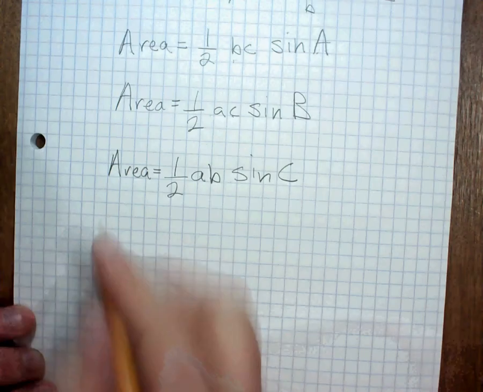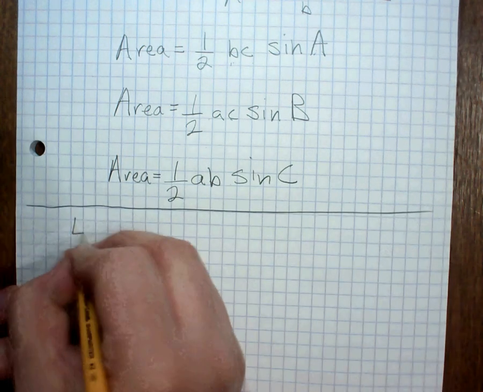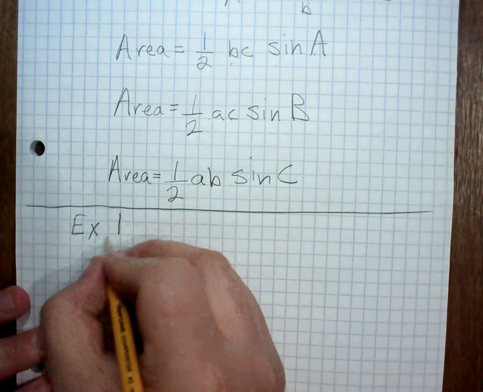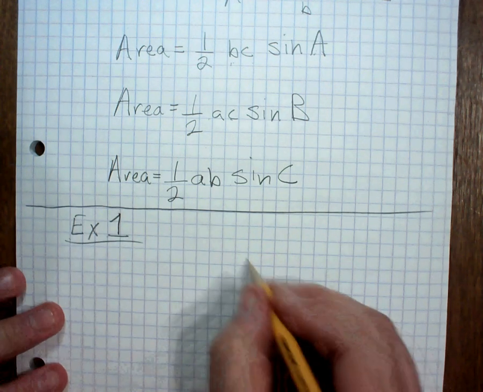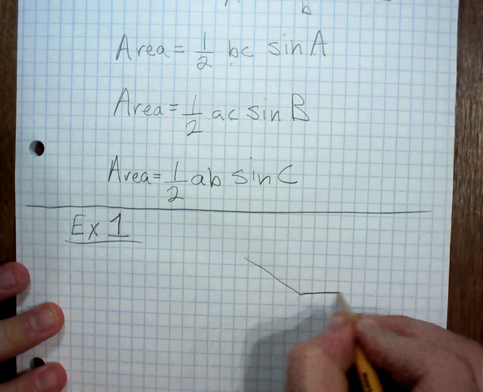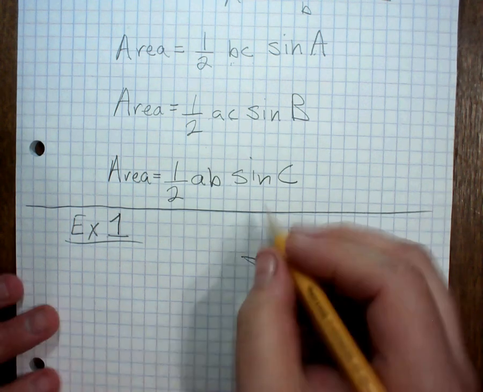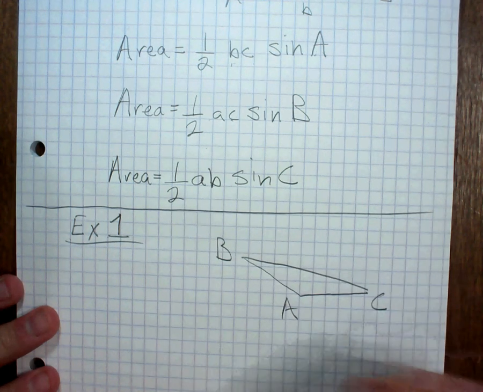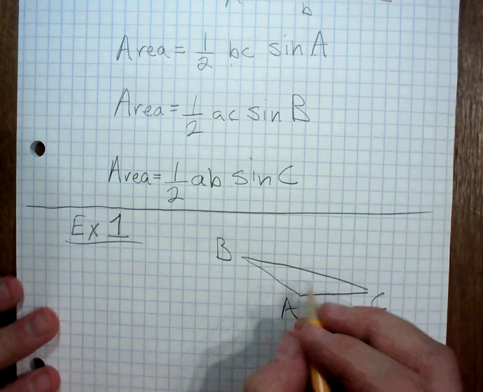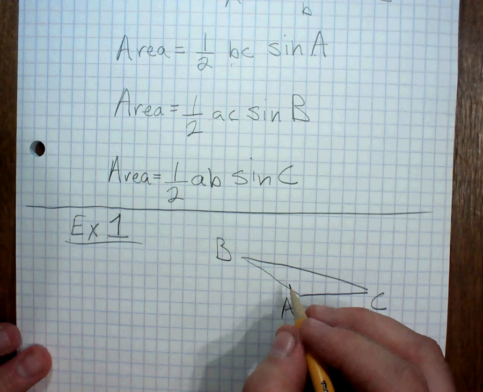So let's go ahead and just jump into example number 1. I have a triangle that looks like this. Okay. And this is B, A, C, and then they tell us that this is actually, this is example number 2.